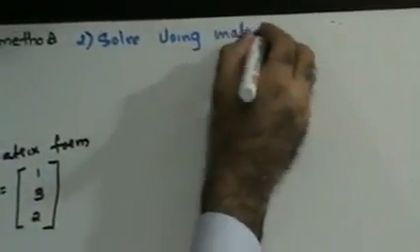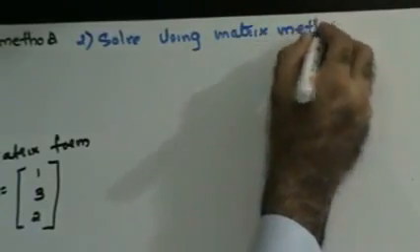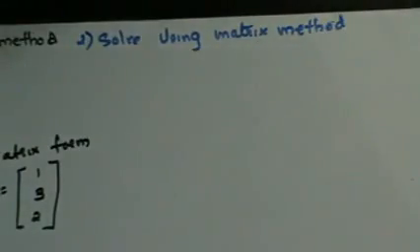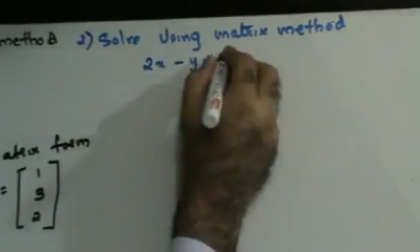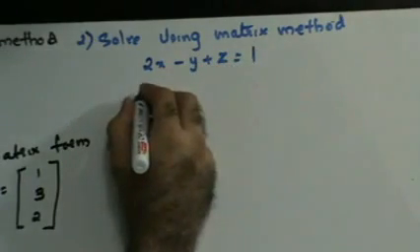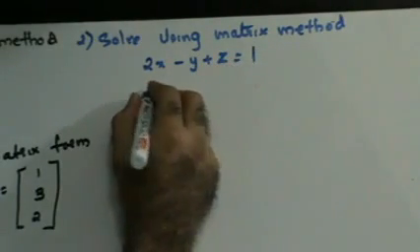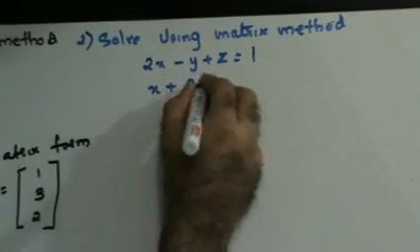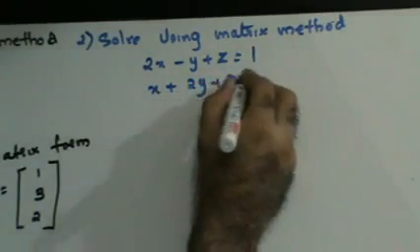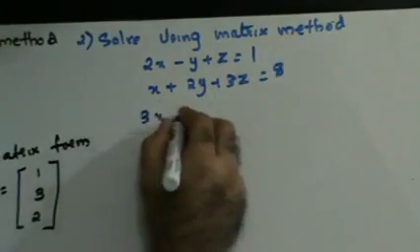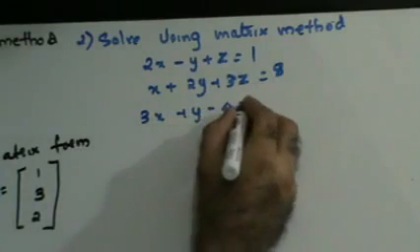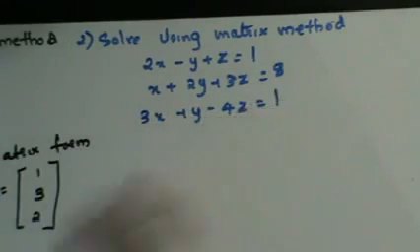Solve using matrix method: X minus Y plus Z is 1, X plus 2Y plus 3Z is 8, and 3X plus Y minus 4Z is 1. Right? How do I solve this?